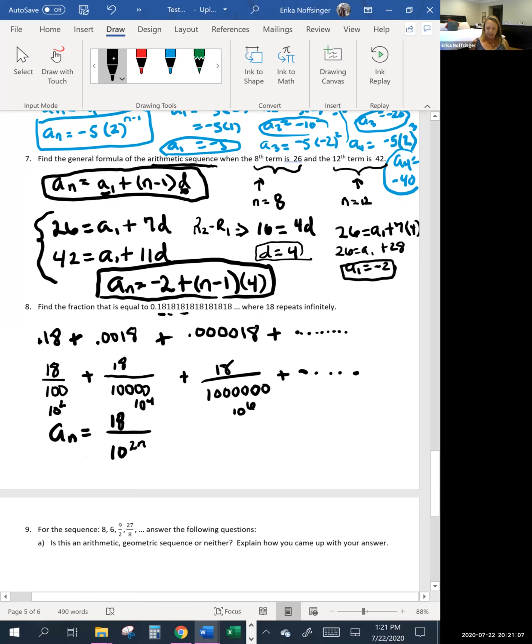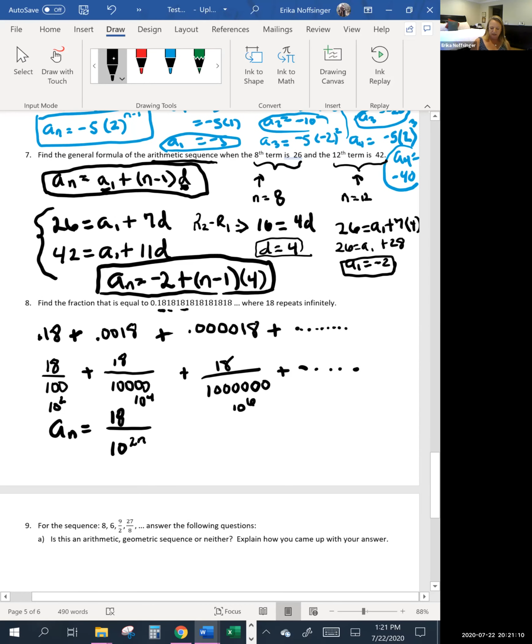And so this is going to give us just the term, but we want the summation of k equals 1 to infinity of this a sub n. I'm wondering if we can rewrite this a little bit.